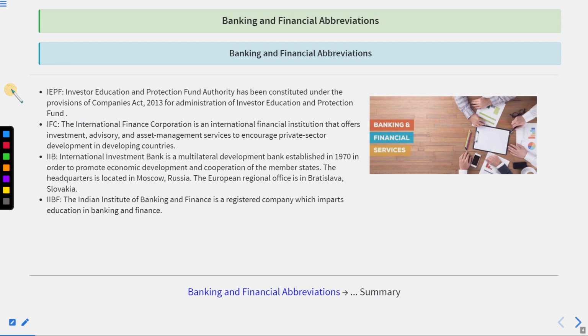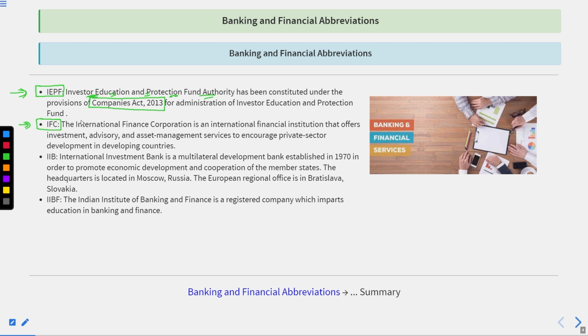So first, we are going to talk about the IEPF. IEPF stands for Investor Education and Protection Fund Authority. It has been constituted under the provisions of the Companies Act 2013 for administration of the investor education and protection fund. Then we have IFC.